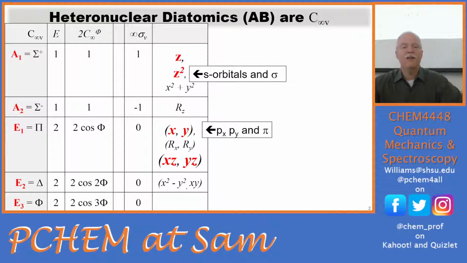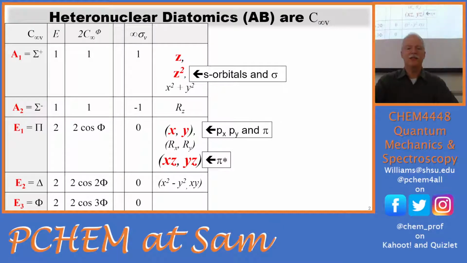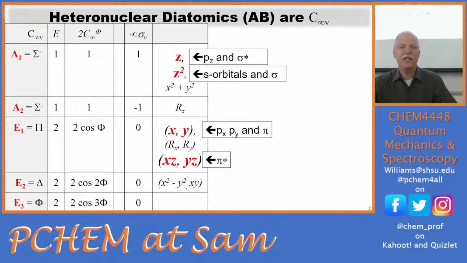But if they're out of phase, then that's a pi star. And the symmetry changes to xz or yz, because one is in the x direction in phase, the other is going the other direction in the x direction. And so they have a change along the z axis. And so that's what gives you the pi star bonds. And then the pz orbital is a z, obviously.